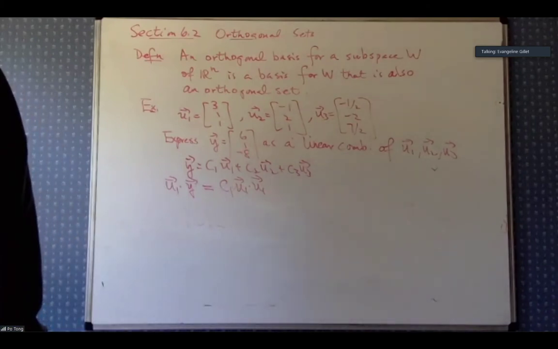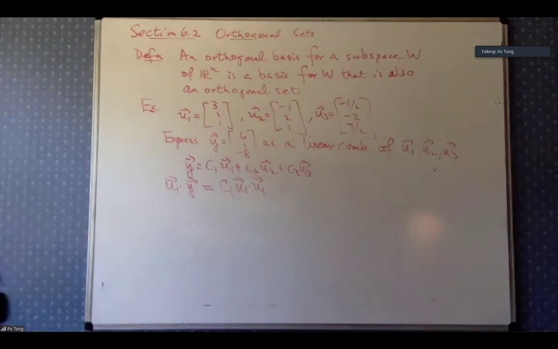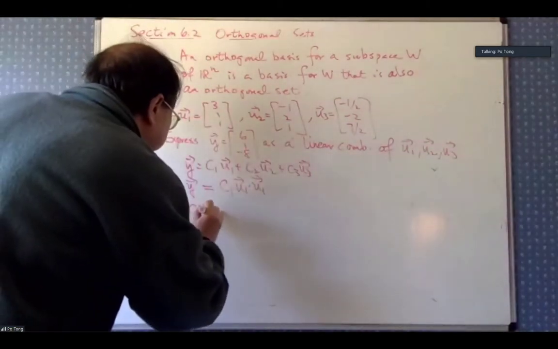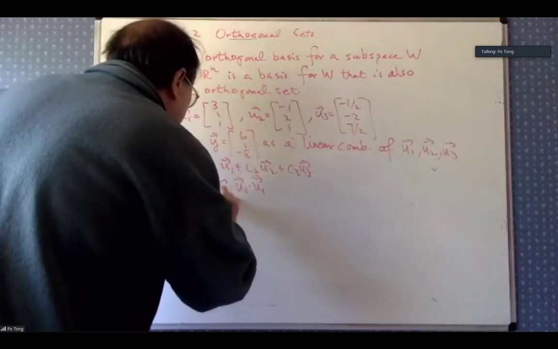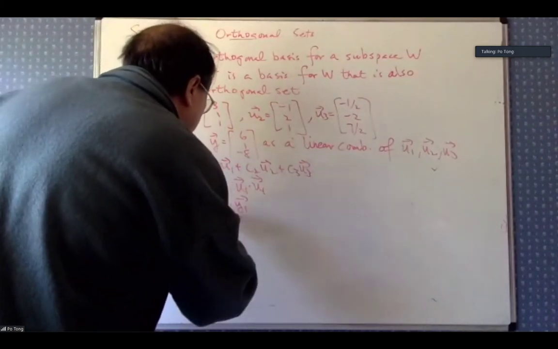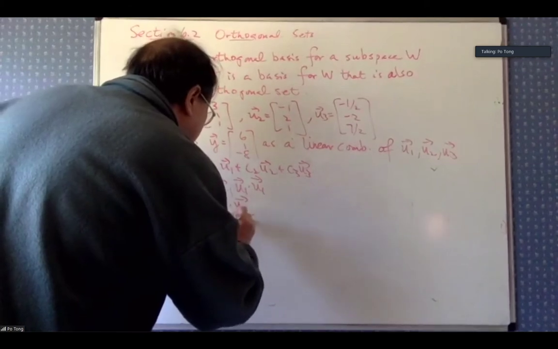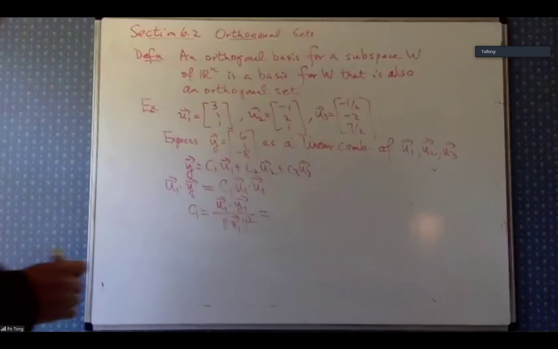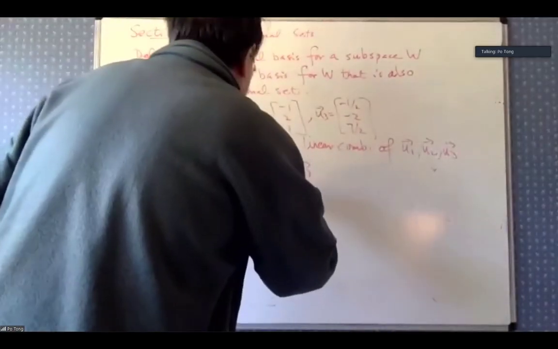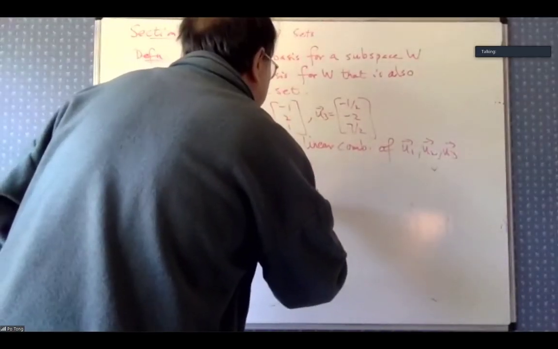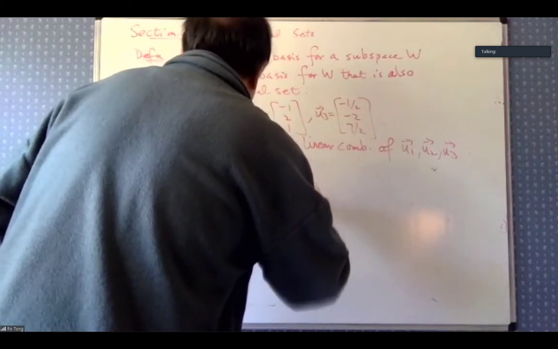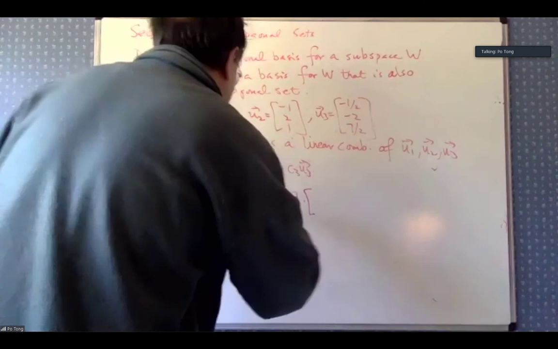Yeah. Very good. Everything's zeroed out. So c1 is going to be u1 dot y divided by the magnitude of u1 squared. So it's going to be this guy dot y.